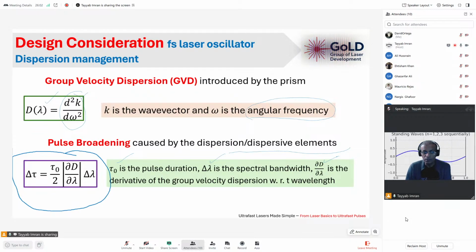So pulse broadening, how much can a pulse be broadened? This equation will tell you. And if we go to the next slide, there is a plot there.